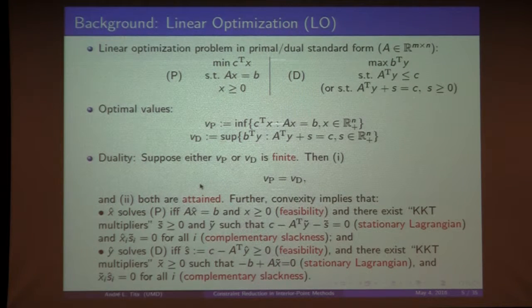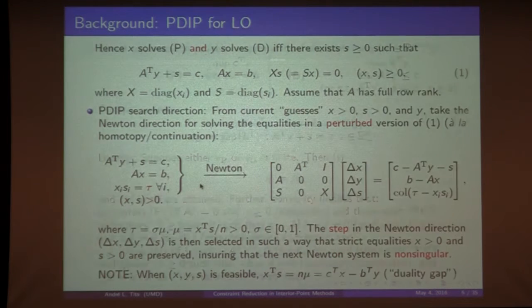And finally, complementary slackness is this again. So if you look at this, you have in fact the same conditions for the primal and the dual, which is summarized here.